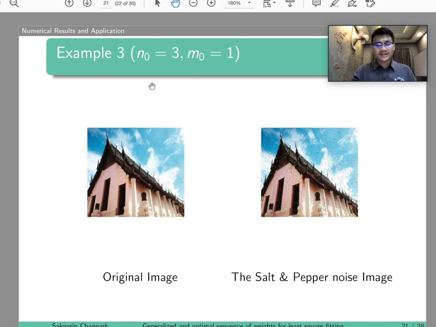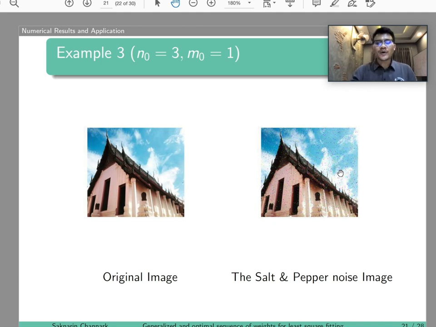If we consider the left-hand side image, that is the original image of the Thai temple, which is a very clear image. On the other hand, on the right-hand side, we can see there is some noise in the image, which we call salt and pepper noise.